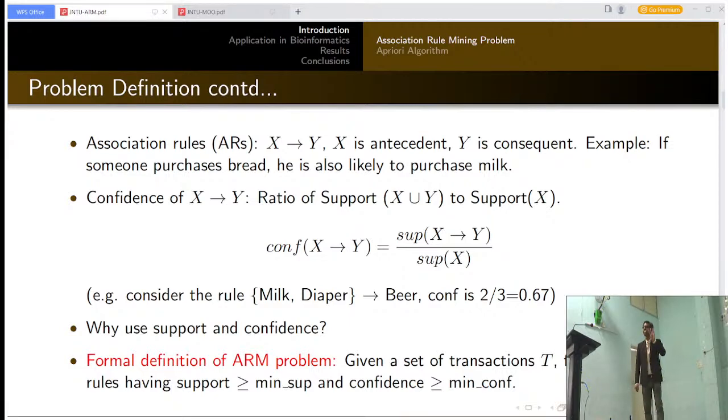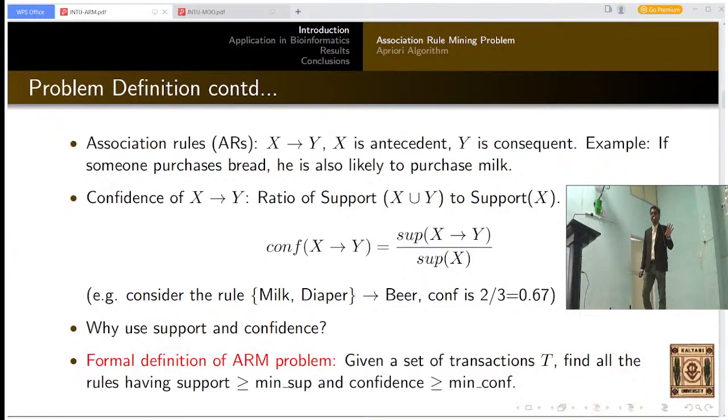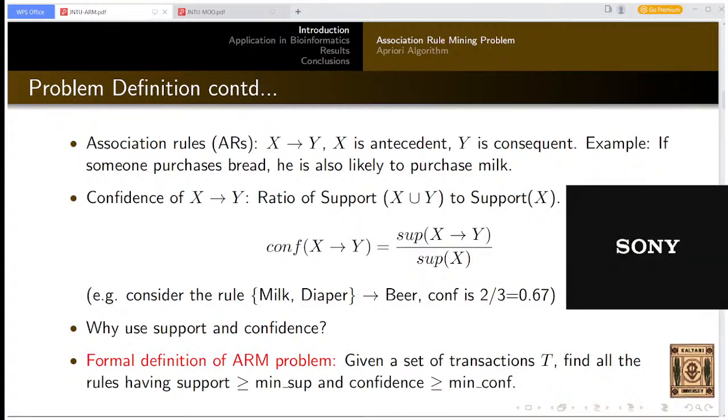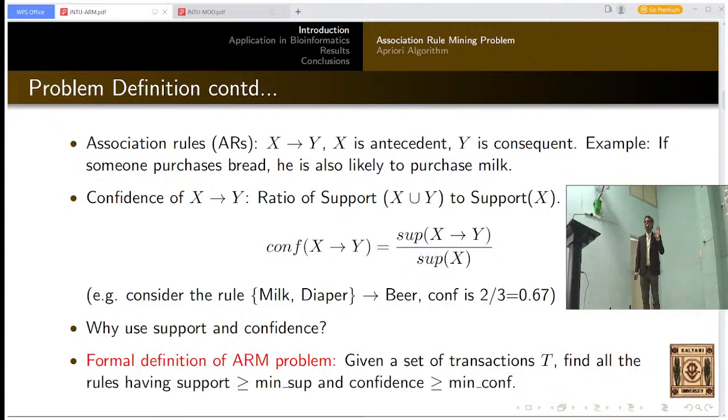So we take 3 inputs. One is the transaction data set. Second is the minimum support threshold from the user, and third is the minimum confidence threshold. Our job is to find all the association rules which satisfy this minimum support constraint and minimum confidence constraint.